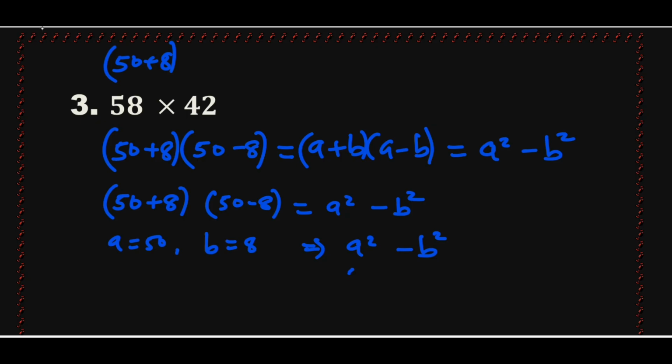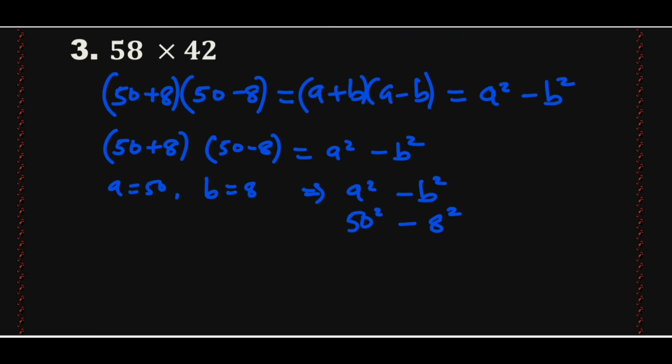We'll get 50 squared minus 8 squared. 50 squared is 2500. 8 squared is 64. So we're talking about 2500 minus 64. I want you to press 50 squared minus 8 squared on your calculator. That is the same as 2500 minus 64. What did you get? This should give you 2436 as the final answer.